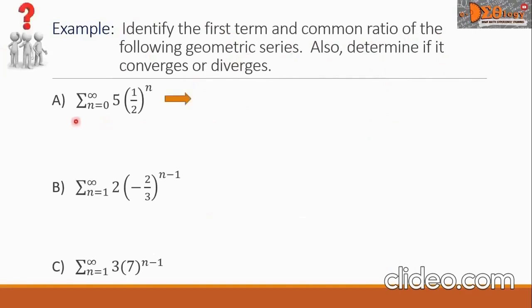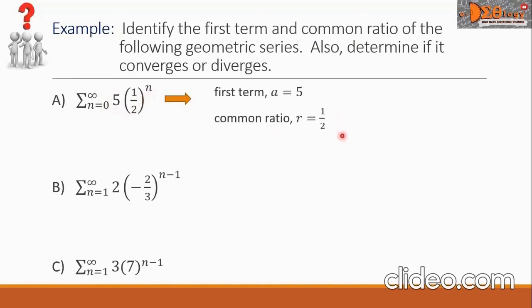Let's start with problem A. Summation from n equals 0 up to infinity of 5 multiplied by the quantity 1/2 raised to n. Here, the first term, a, is equal to 5, while the common ratio, r, is equal to 1/2.